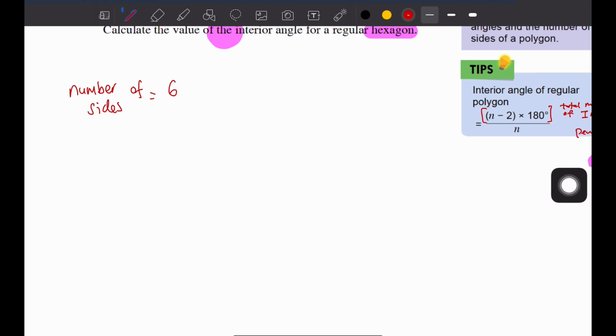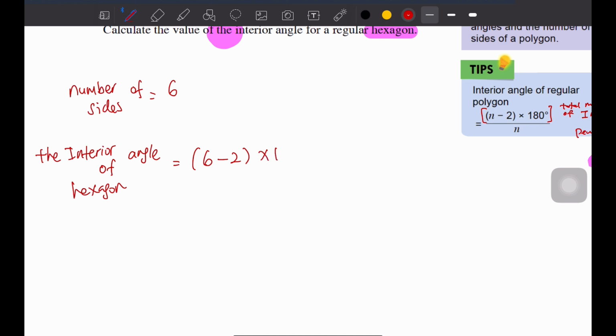So interior angle of hexagon is equals to 6 minus 2 times 180, then divide by 6. So we have 4 times 180 divided by 6. Okay, you press your calculator. 720 divided by 6, and your final answer is 120.